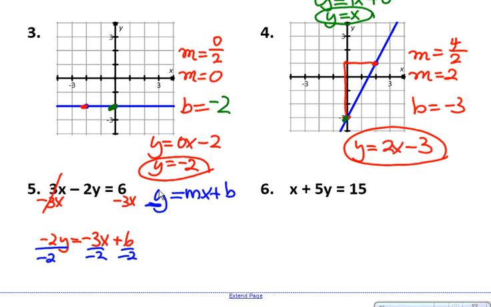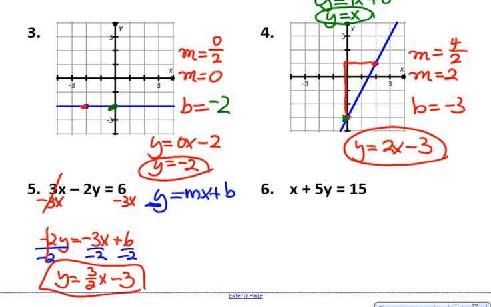And that will give us that y is equal to 3/2 x minus, oh, no, that's 6 divided by negative 2, which is negative 3. So our slope is 3/2, and our y-intercept is negative 3.